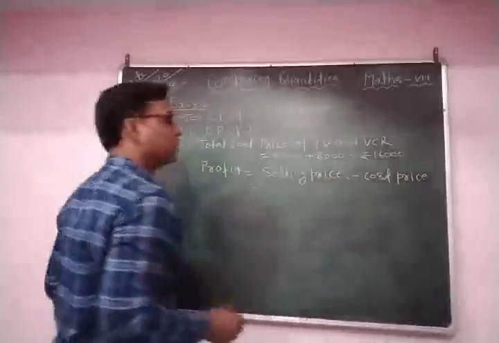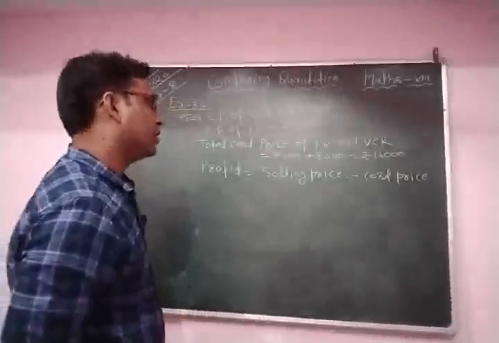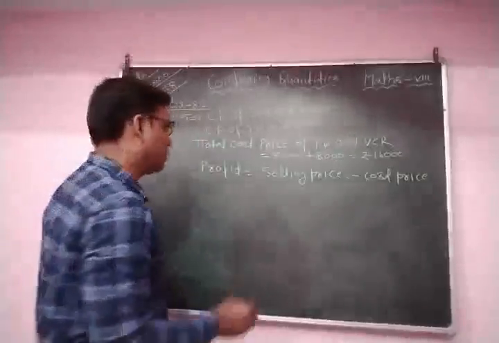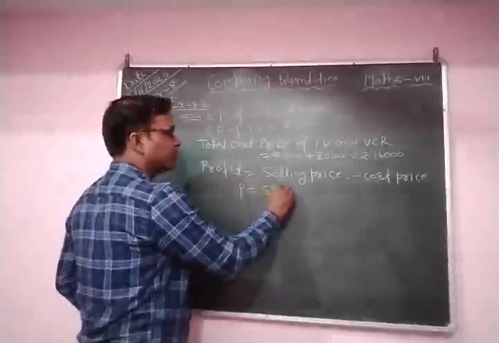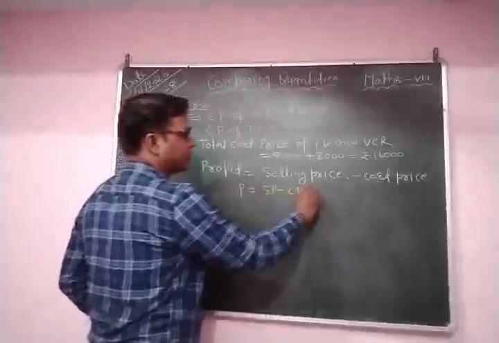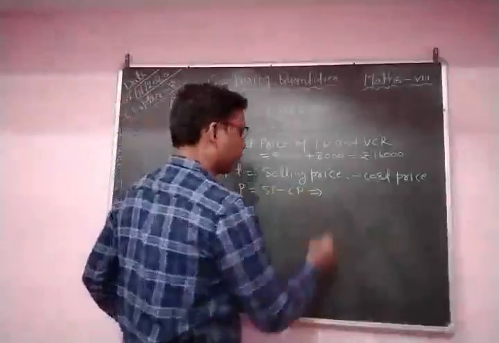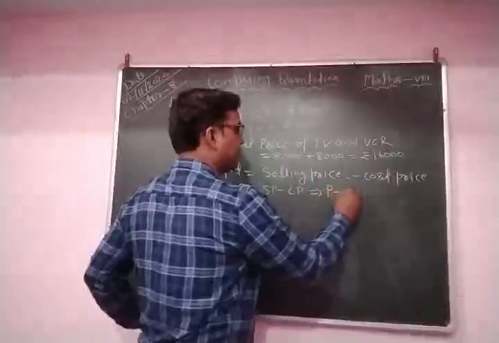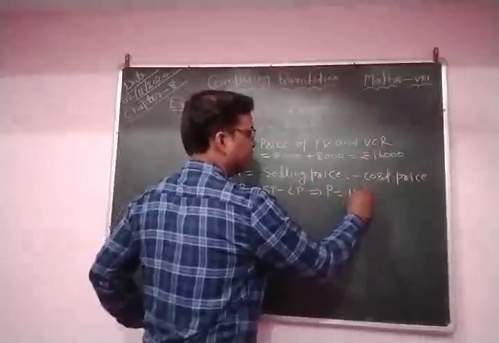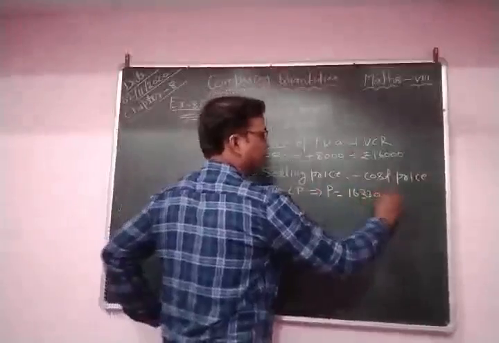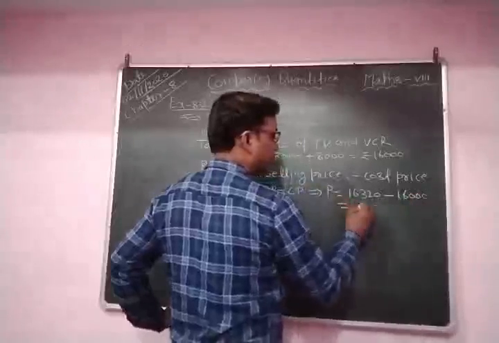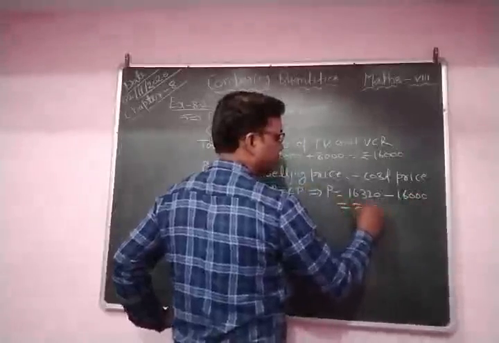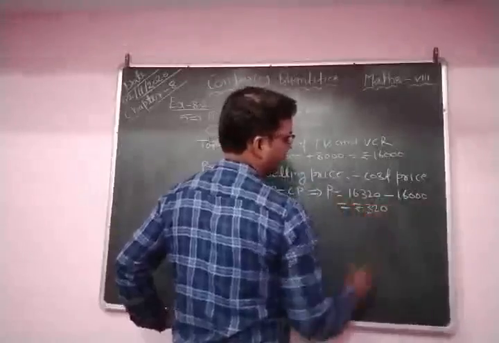Selling price minus cost price. In short, you can say SP minus CP. Okay, this implies that profit is equal to SP, which is 16,320 minus 16,000 rupees. This is equal to rupees 320. Okay.